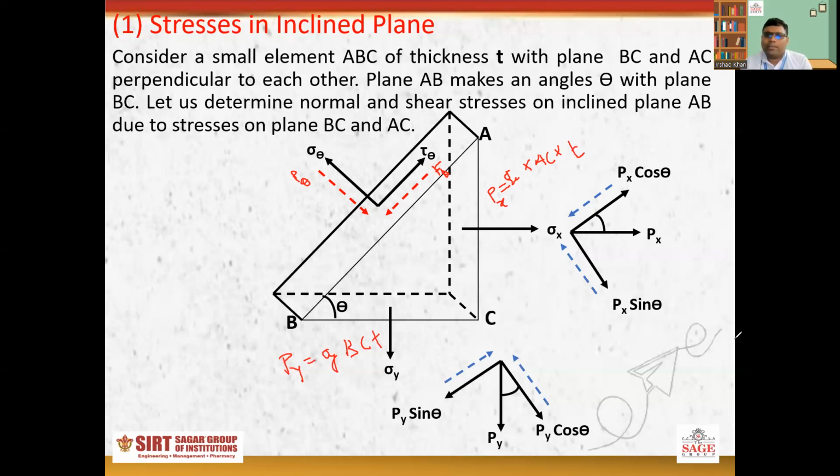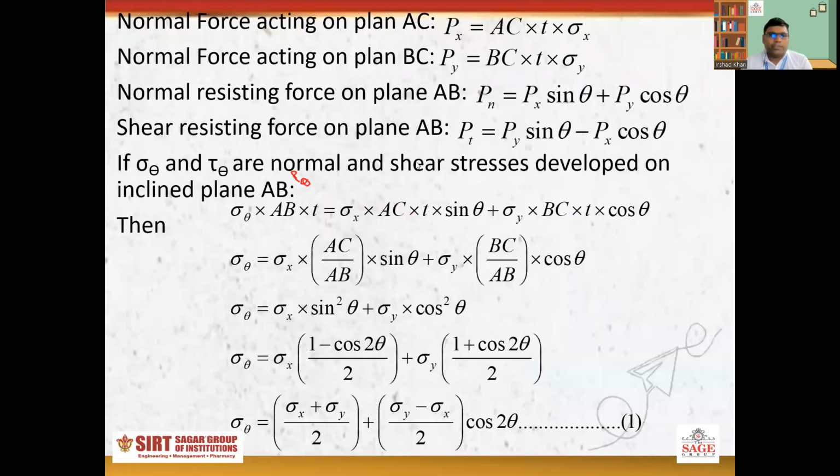So we can write finally Py sin theta minus Px cos theta equal to F theta. Hope you understood this concept. Let's erase all this and see what is already mentioned in this PPT.